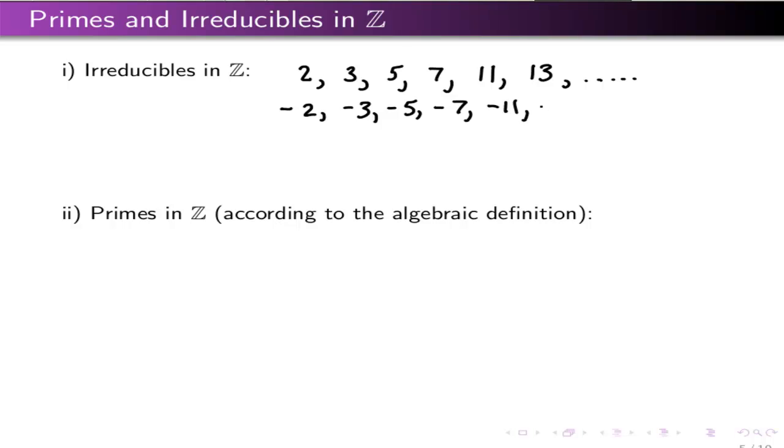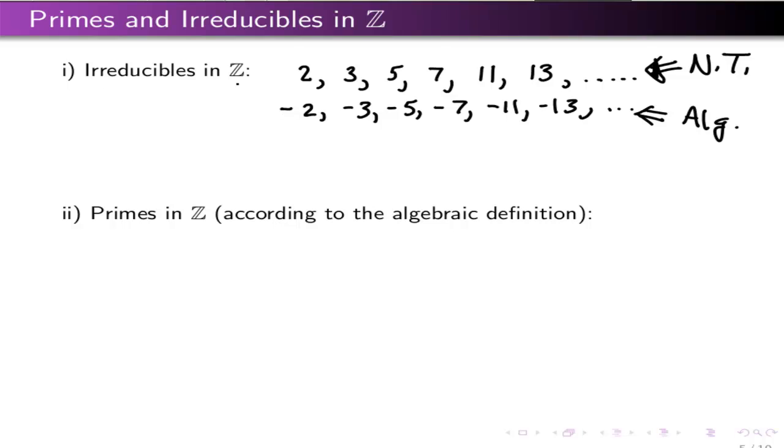There's a convention in number theory that whenever we use the word prime, we mean the positive primes. But in algebra, the negatives are considered primes just as well. Number theorists tend to call these the primes, and in algebra all of these would be called irreducibles.